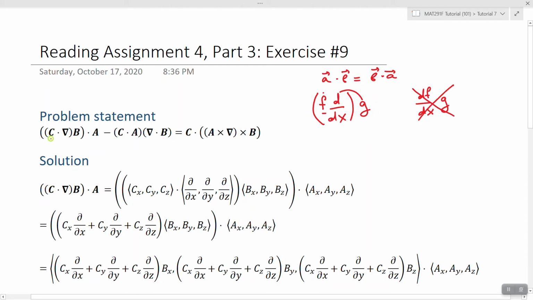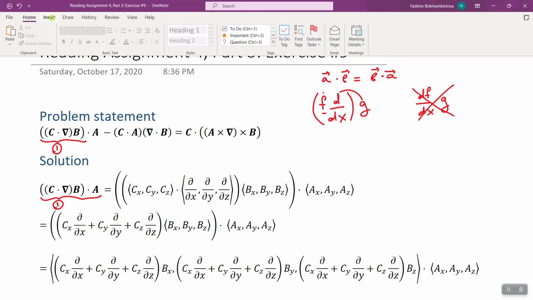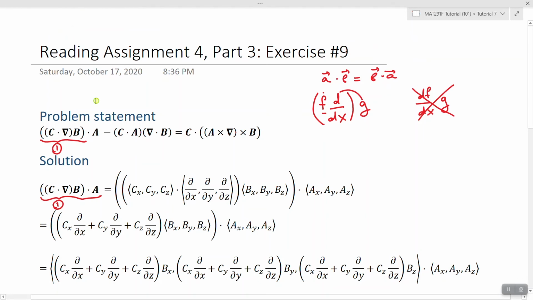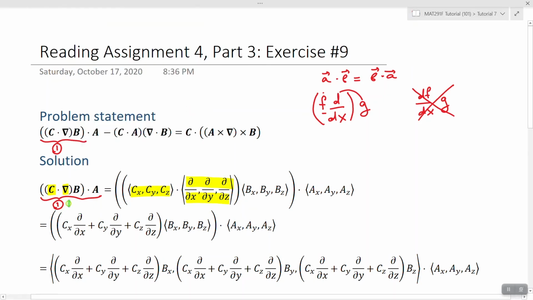Okay, so here in the first term, I've expanded out vector c into its components. I've expanded out the del operator, also into components. I also expanded the b vector. Maybe I'll use a different color.